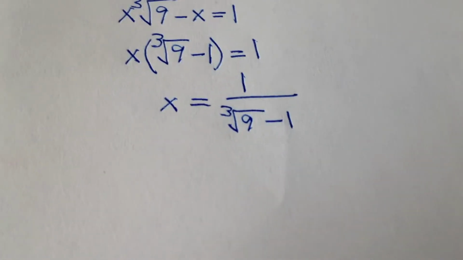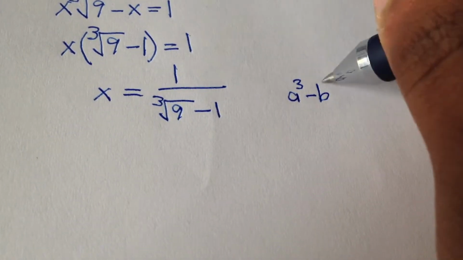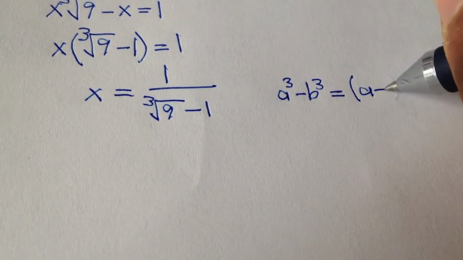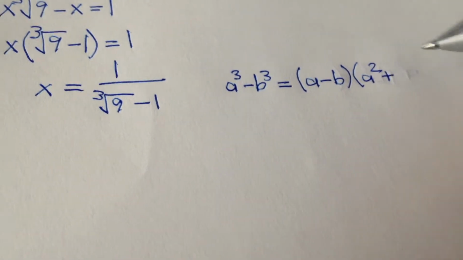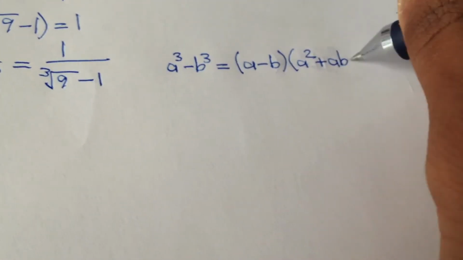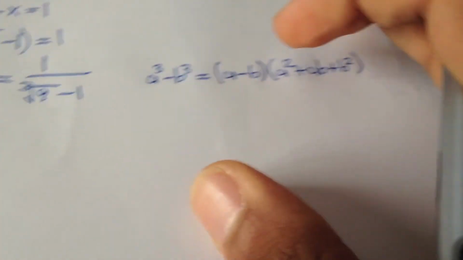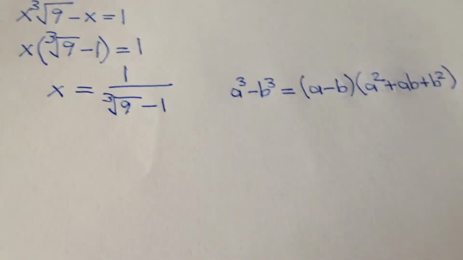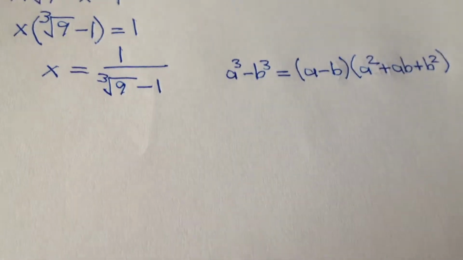Well, there's a formula for the difference of cubes, which is a cubed minus b cubed equals a minus b times a squared plus ab plus b squared. So we can just use this formula to rationalize the denominator using this difference of cubes idea, because then our denominator would be 9 minus 1, right?